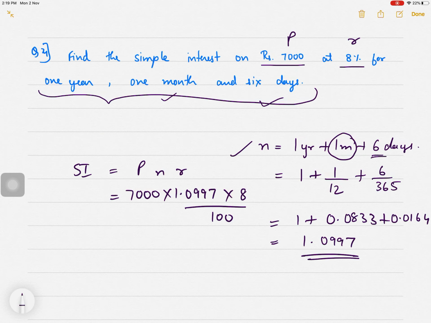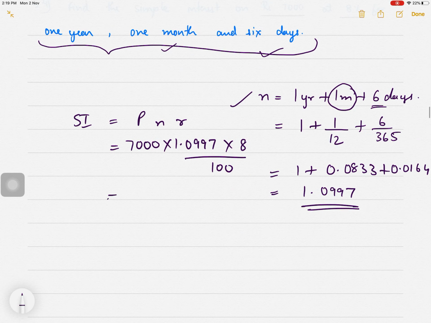Okay. So when you calculate this, it comes to 615.832. Okay, so a simple interest amount comes to 615.832.